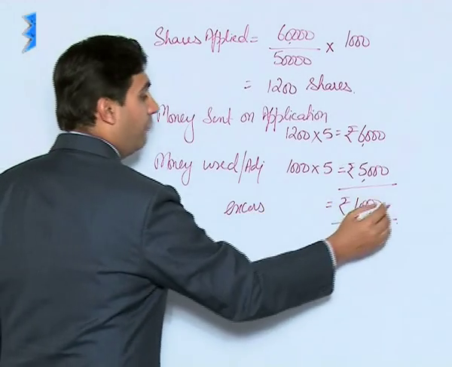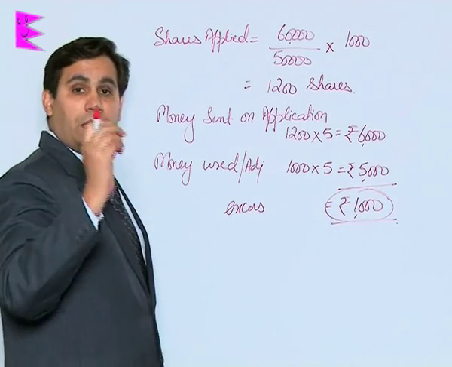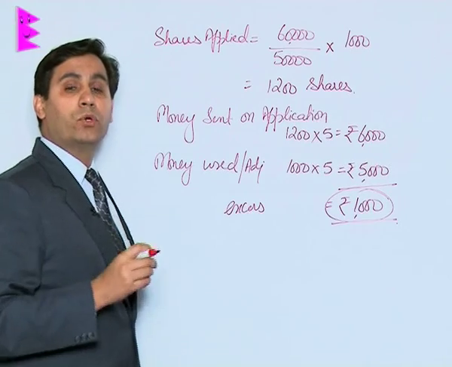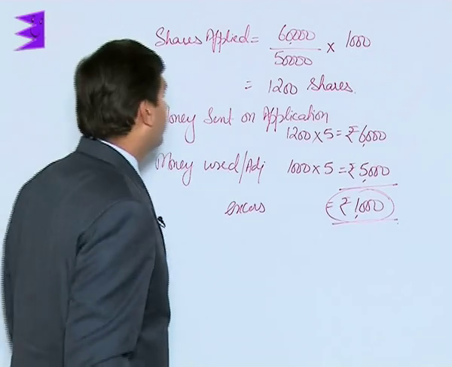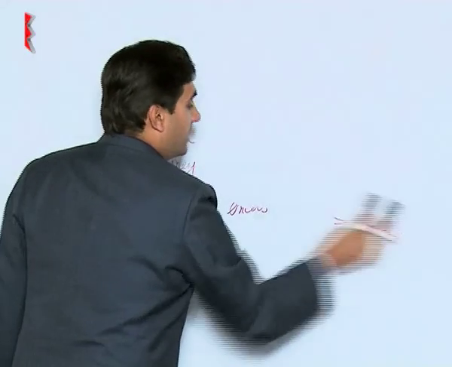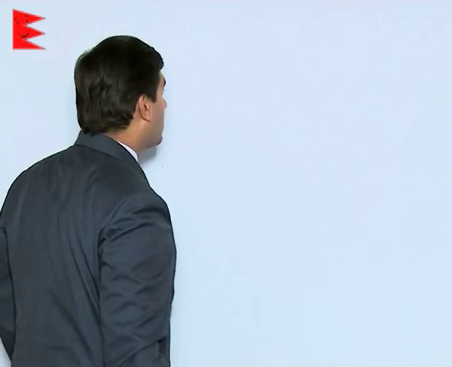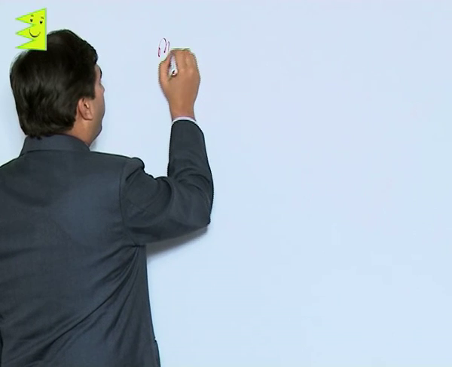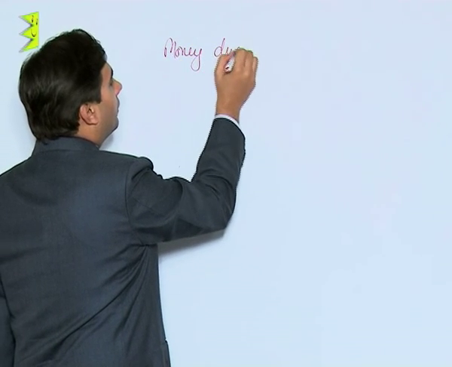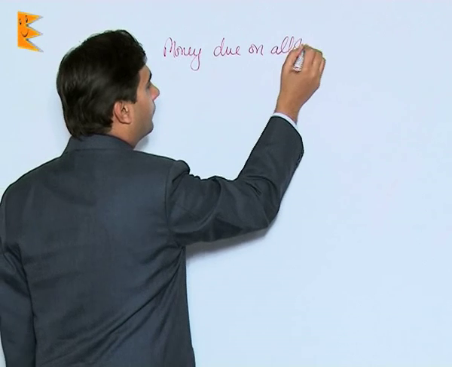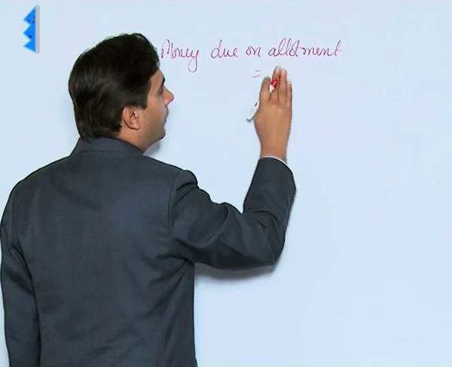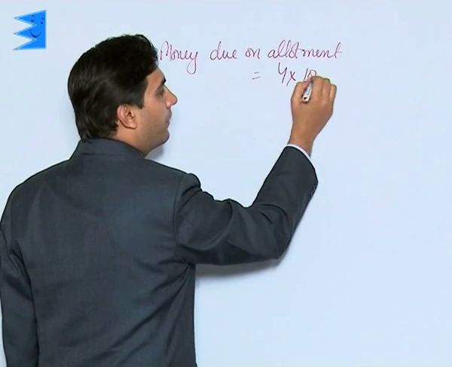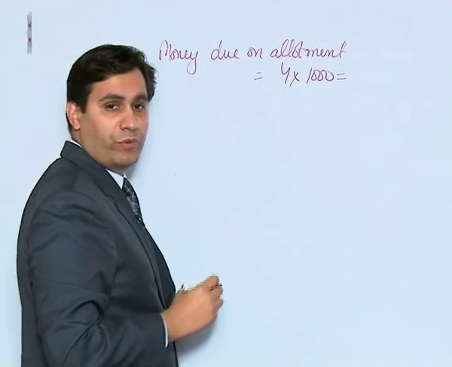Now, we have calculated this amount as 1000. Let us move ahead and calculate what was due from him at the time of allotment and how much amount he had paid. Students, the allotment money in this case was rupees 4. That means money due on allotment was rupees 4, that is allotment money, into the number of shares that were allotted to him, which were 1000.